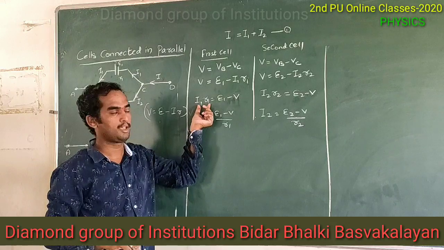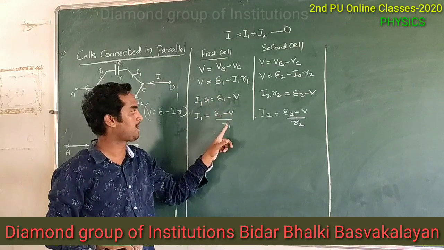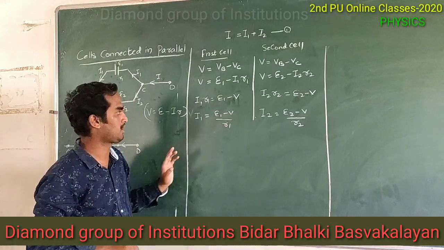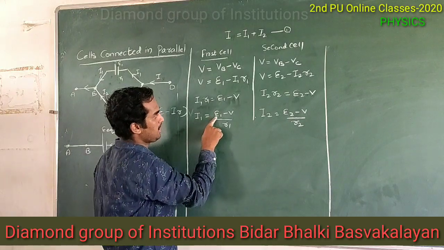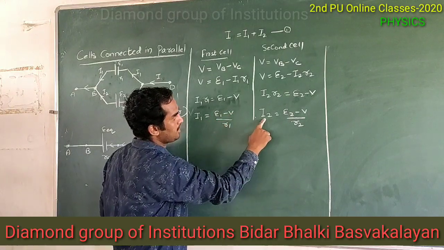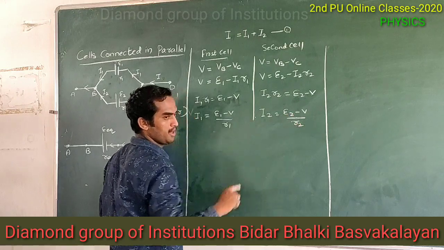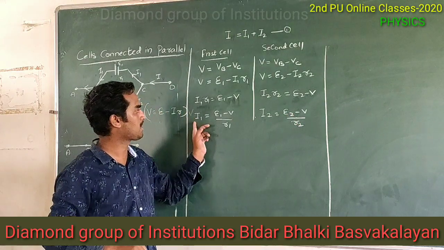Since both are multiplied, if you take R1 to the right side it goes to the denominator. So I1 equals E1 minus V divided by R1, and I2 equals E2 minus V divided by R2. So we got the values of I1 and I2.